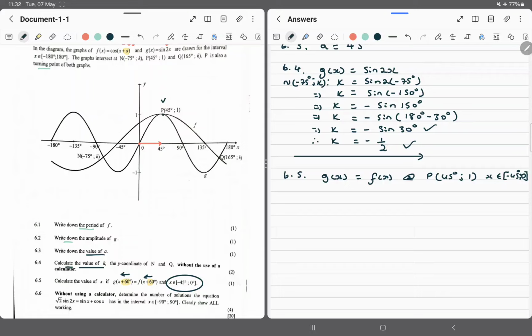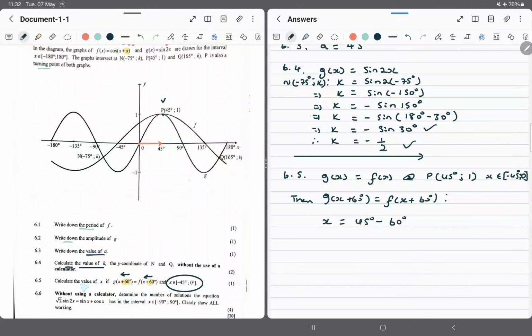We can say now, then, g of x plus 60 degrees is equal to f of x plus 60 degrees is such that x must be equal to 45 degrees minus, in the physical point, we shift that point to the left 60 degrees, so we'll subtract the 60.